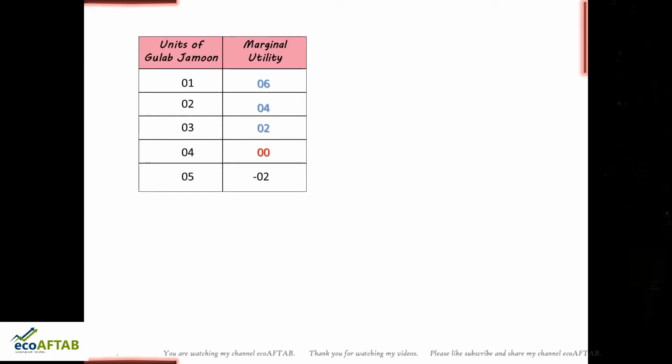So here you can see we have units of gulab jamun and the marginal utility. You can see over here, when the consumer increases the consumption of gulab jamun, from 1 to 2, 2 to 3, there is an increase in the consumption of gulab jamun.